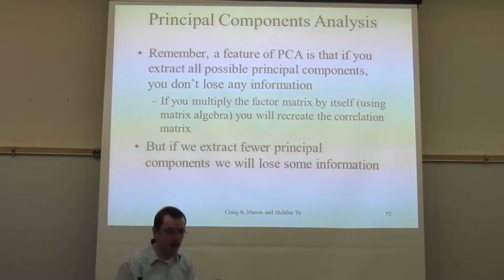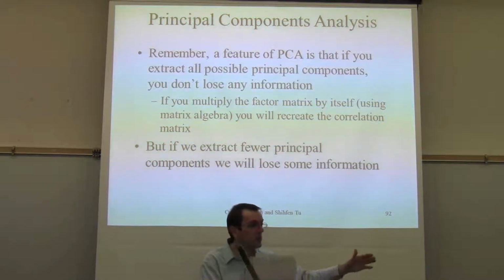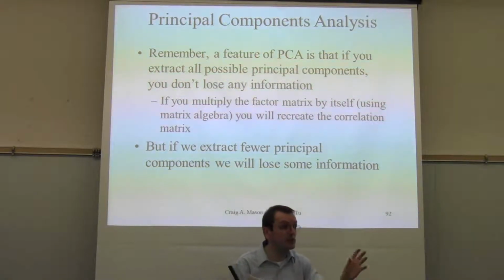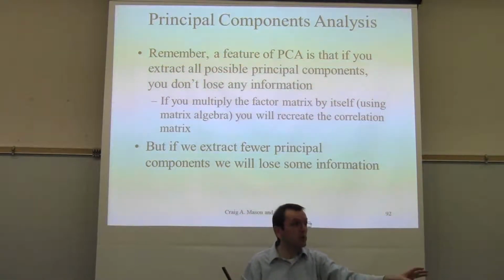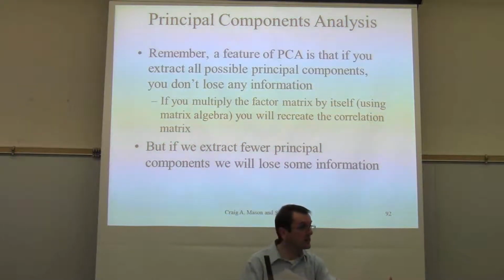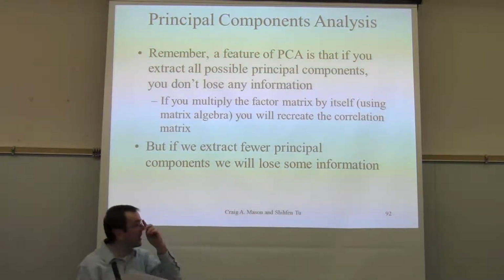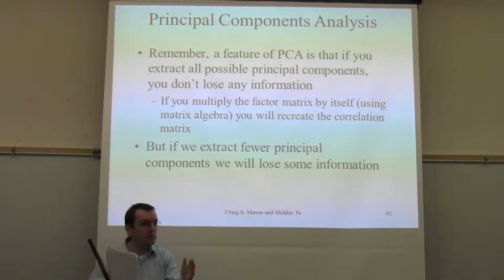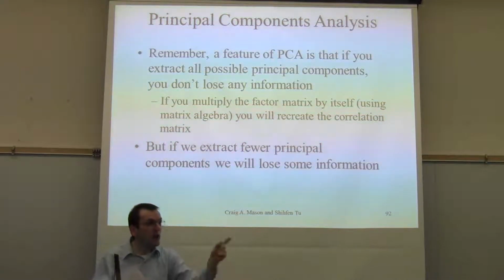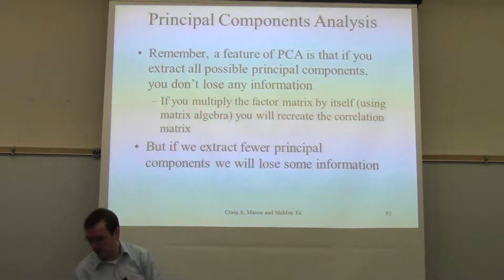So just like if we reorganized our clothes into at least 4 boxes, we know we could keep everything. We could have kept that stupid hunting hat. We could have kept everything if you go from 4 boxes to 4 boxes. If we go from 4 variables to 4 factors, we can keep every piece of information. We don't lose anything. And what happens with that is, if you multiply the factor matrix by itself, you square the factor matrix, you will recreate the correlation matrix using matrix algebra.